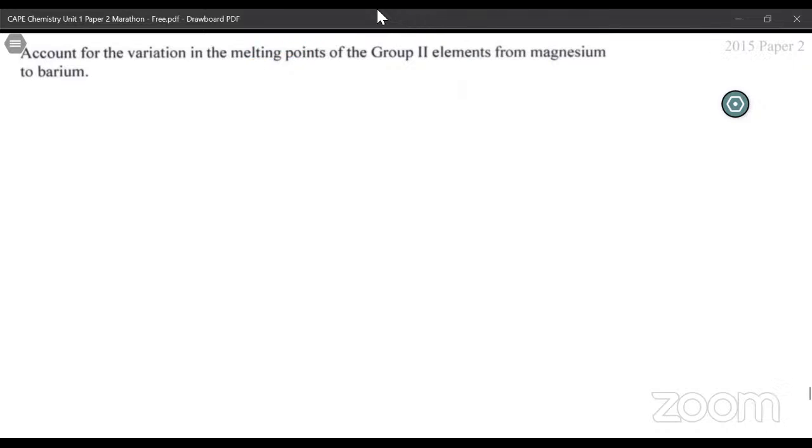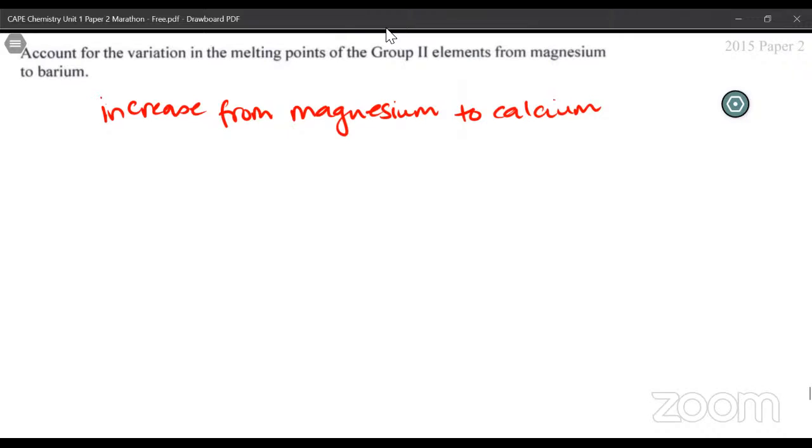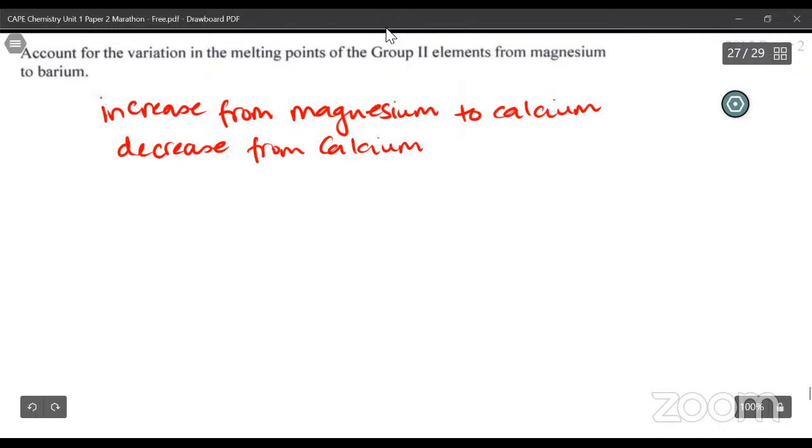There's a slight increase in the melting point from magnesium to calcium, and then there's a general decrease from calcium to the last one, barium, all right?